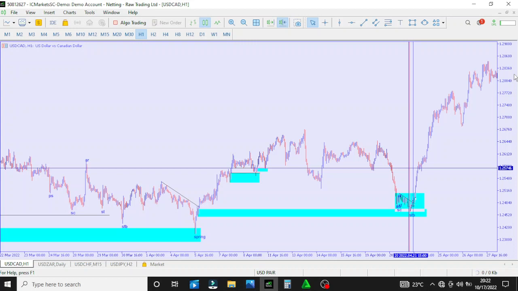Man, those guys, it was my first time seeing that high risk to reward.